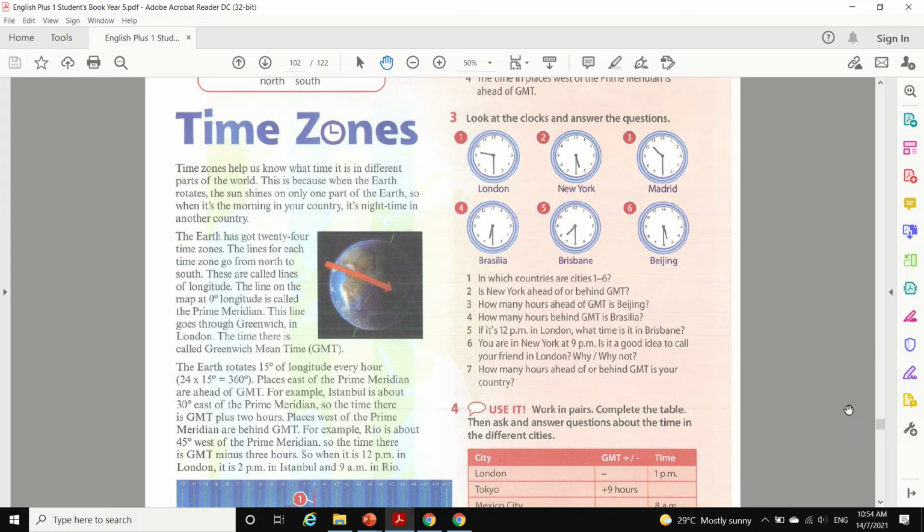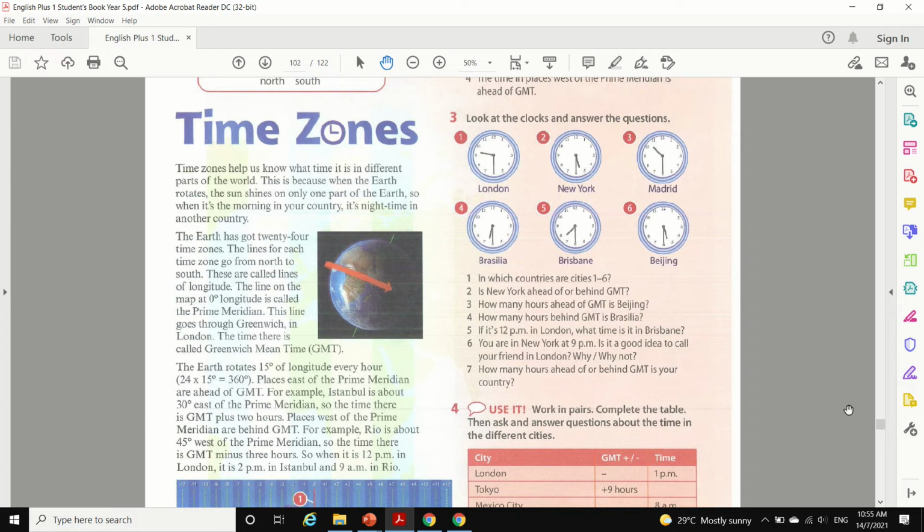The Earth rotates 15 degrees of longitude every hour. 24 times 15 degrees equals 360 degrees. Places east of the prime meridian are ahead of GMT. For example, Istanbul is about 30 degrees east of the prime meridian, so the time there is GMT plus 2 hours.